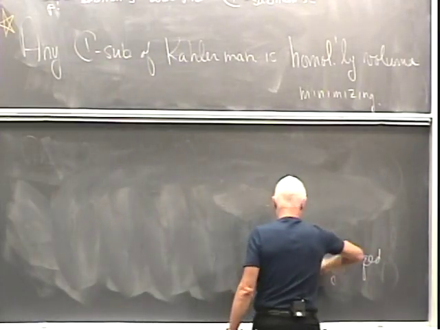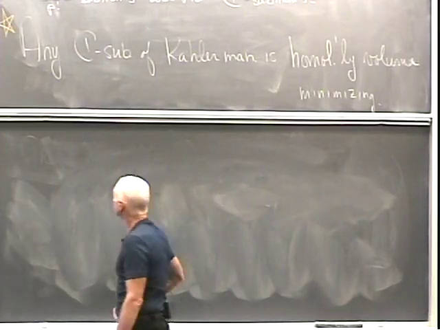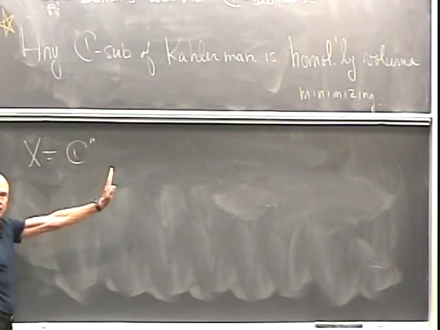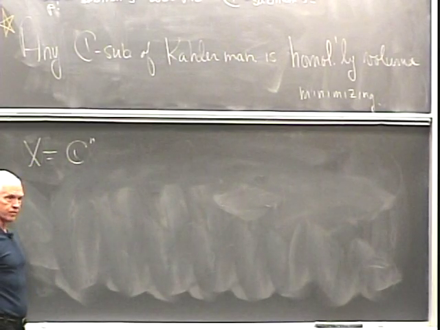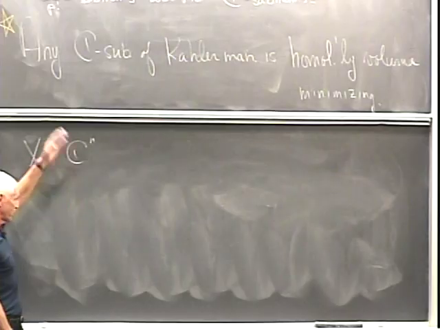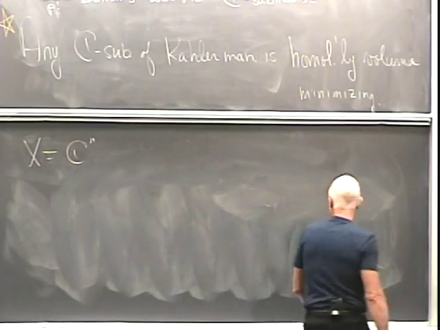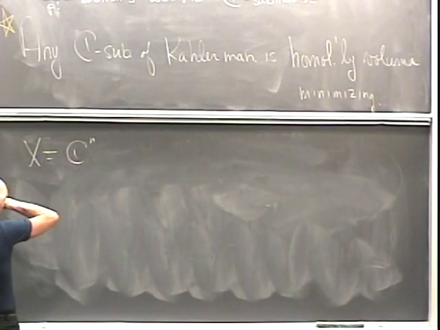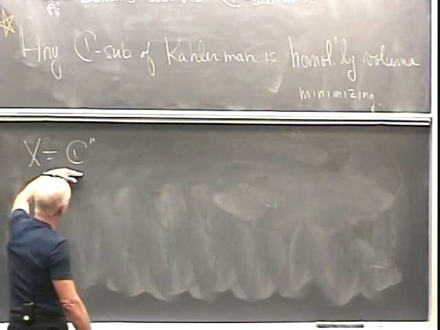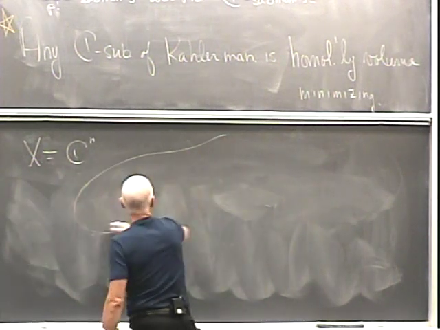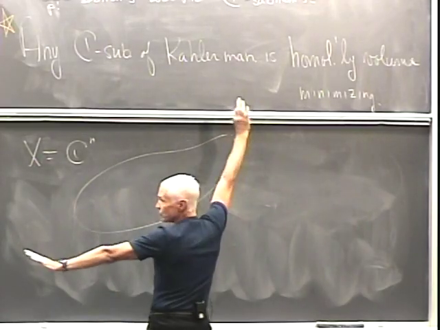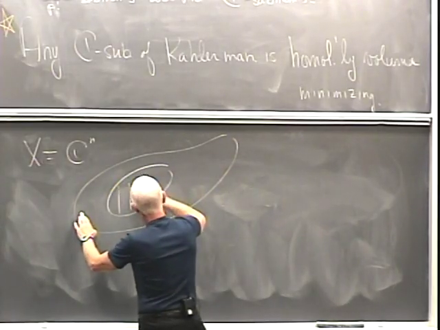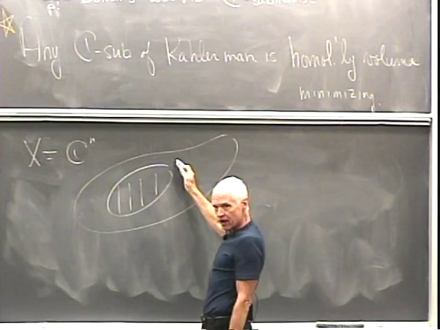One is let X simply be equal to Cn with a parallel Kähler structure, the usual one: just think of this as a vector space and parallel translate the metric at one point, the standard inner product and J. Any complex submanifold, maybe something that goes out forever or something contained in some domain, take a compact piece of this which has a nice boundary, then this is absolutely area minimizing.